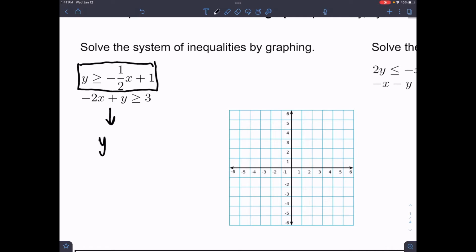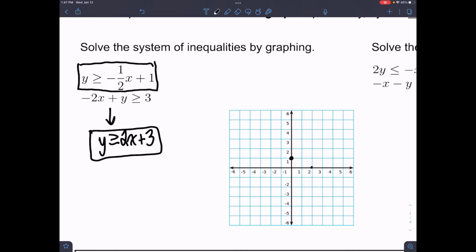We want to solve for y because we can graph that the easiest. So I am going to go ahead and do that for us. So we got two lines to do.